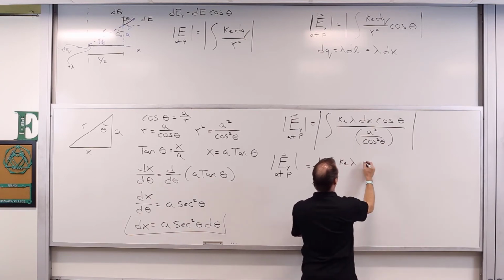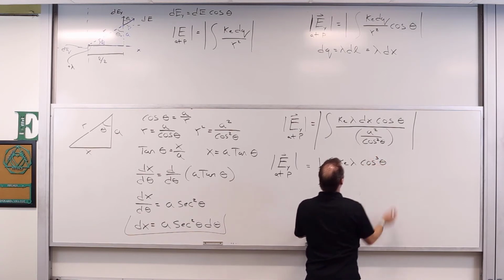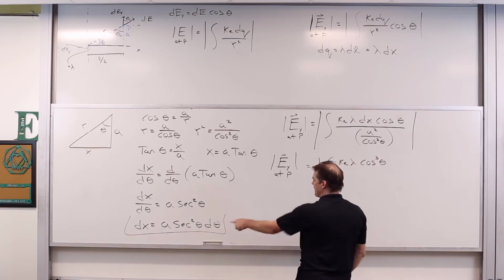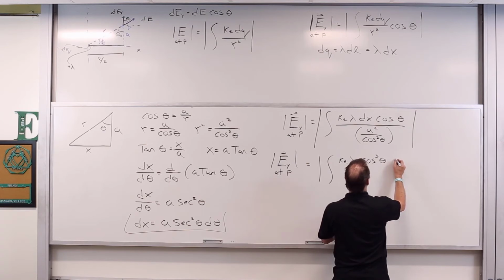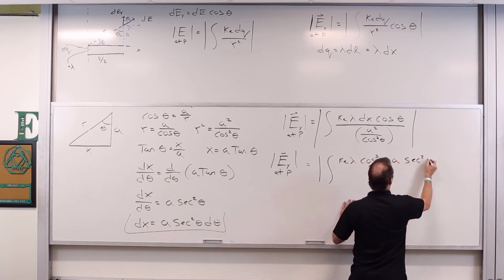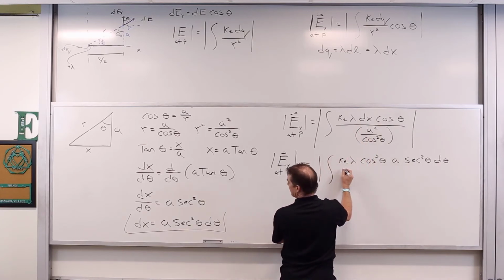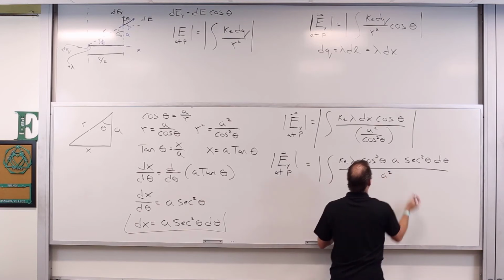Whew, let's go ahead and write that as cosine cubed theta. And then we've got ourselves the dx. Well, what's dx? Dx is a times the secant squared of theta d theta. So we've got an a times the secant squared of theta d theta. And then we've got that this is all divided by a squared.